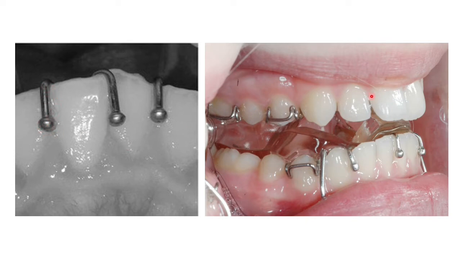The next photo is the twin block functional appliance, where they use the ball-ended clasp on the lower incisor to gain retention of the lower part of the twin block. You can also see the Adams clasp on the lower premolar, and the Adams clasp on the upper premolar and the upper molar.